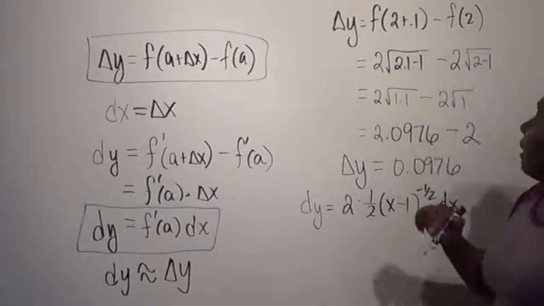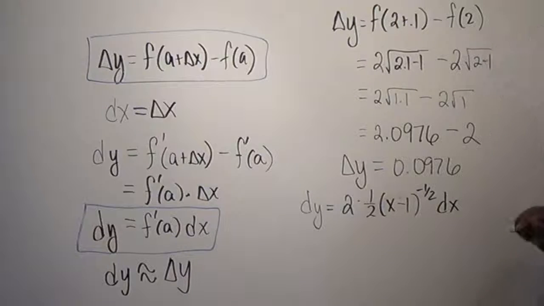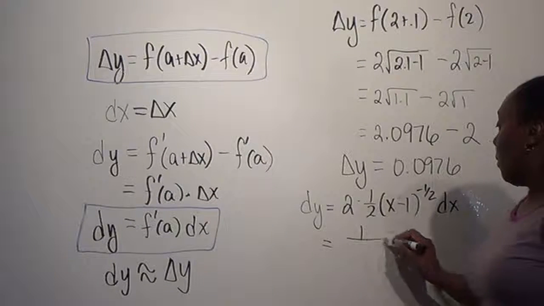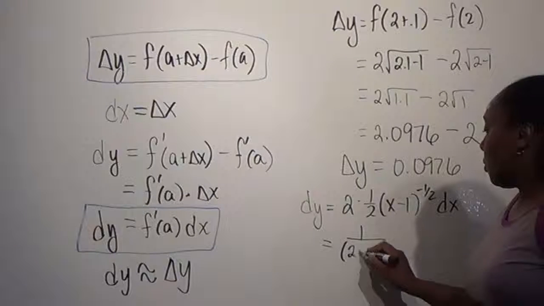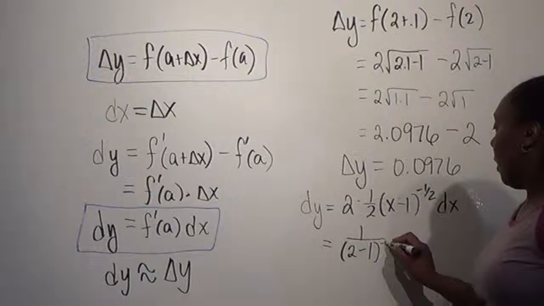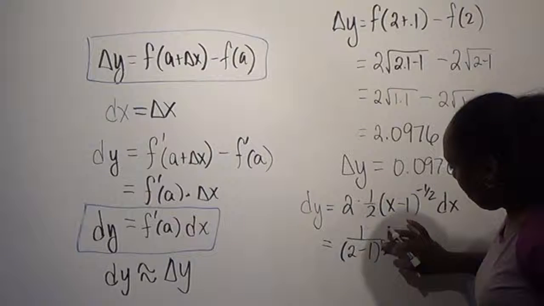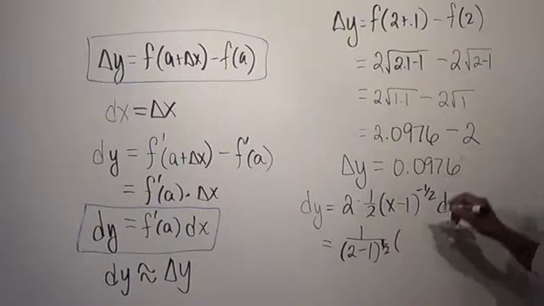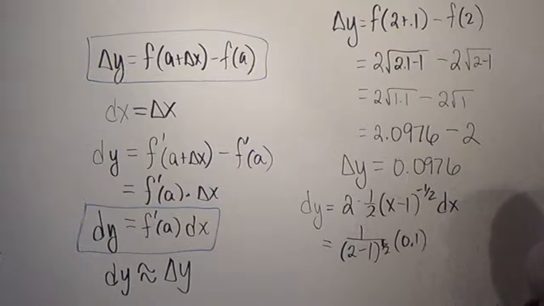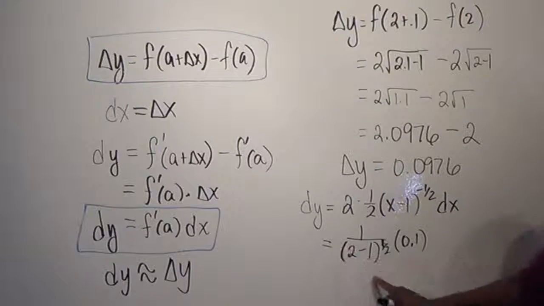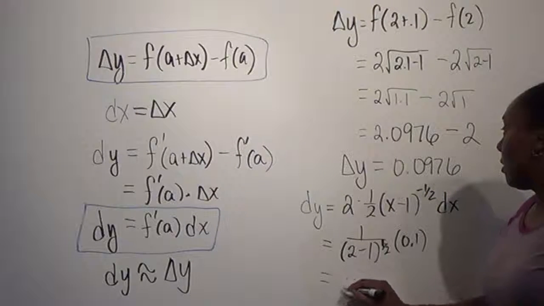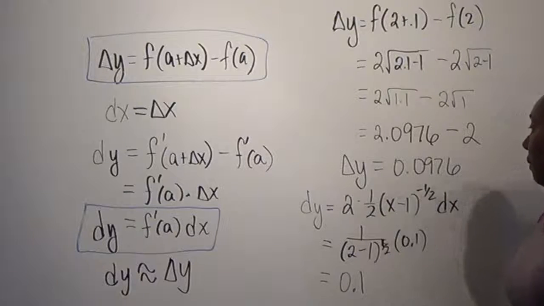Simplifying this and plugging in, remember dx and delta x are the same, so our dy is going to look like 1 over (2 minus 1) to the 1/2, times our 0.1. Nicely, 2 minus 1 is 1, that raised to the 1/2 is still 1, so this is going to look like 0.1.